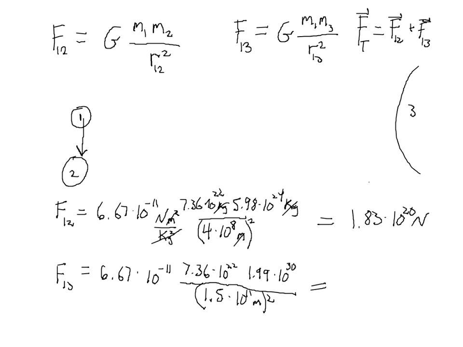This is 4.9 times 10 to the 12, times 1.99 times 10 to the 30. This is 9.77 times 10 to the 42. Then we divide that by 1.5 times 10 to the 11 squared.